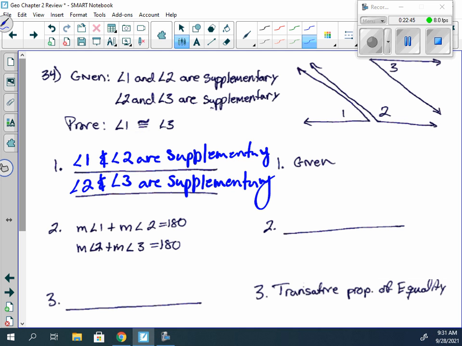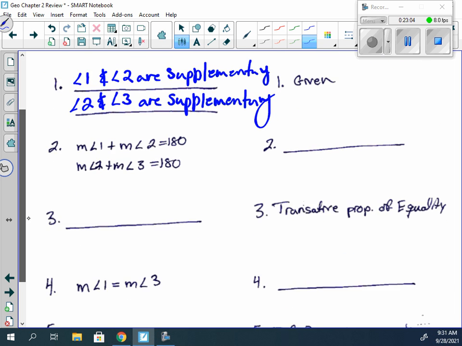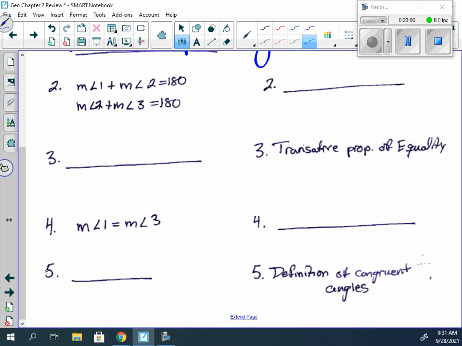Always start with the given information. Now we are not restricted to having just one or two things. We can have more than one thing that is given. So if they do give something like this here or multiple lines, make sure all the given information is put first. Well, let's see here. What do we know we're going to prove? 1 is congruent to 3, yes?